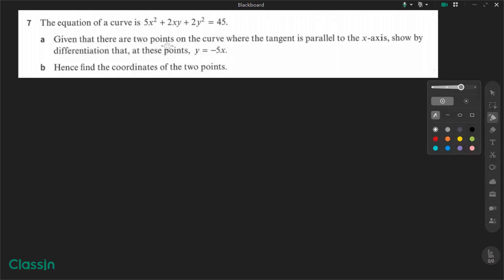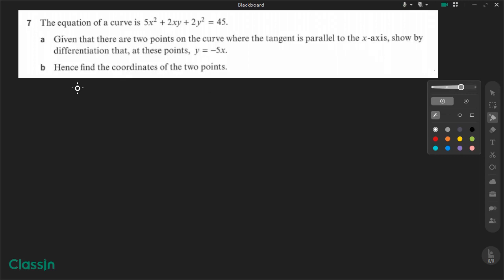Given that there are 2 points on the curve where the tangent is parallel to the x-axis, show by differentiation that at this point y equals negative 5x. And the second part, find the coordinates of these 2 points.